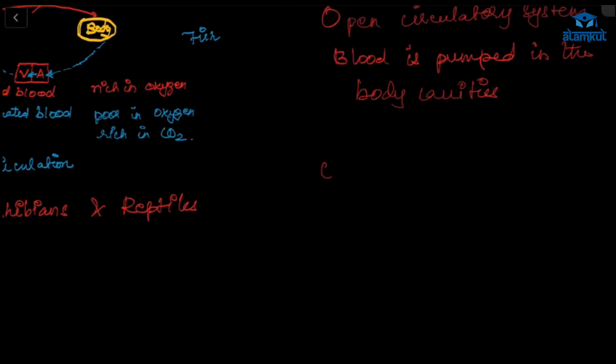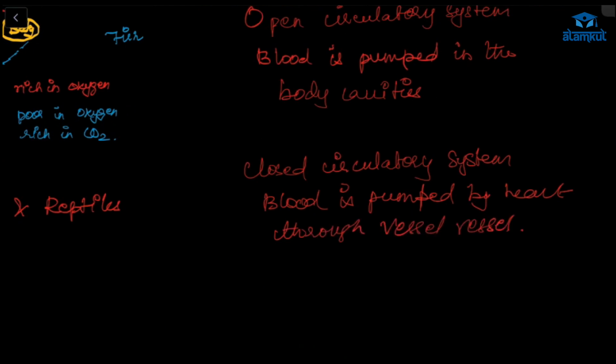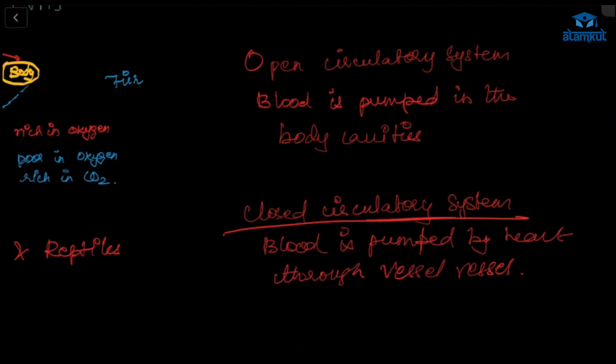In the closed circulatory system, blood is pumped by the heart through the blood vessels, and this doesn't normally fill the body cavity. So this closed circulatory system is present in the vertebrates, and the open circulatory system is present in the mollusks and arthropods.